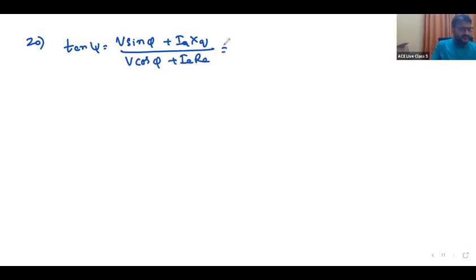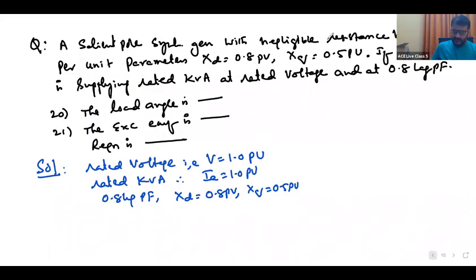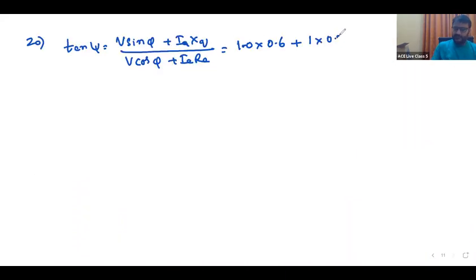V is 1 per unit, sin phi is 0.6 and cos phi is 0.8 lagging. So the numerator is 0.6 plus IA, which is 1, times XQ, which is 0.5.